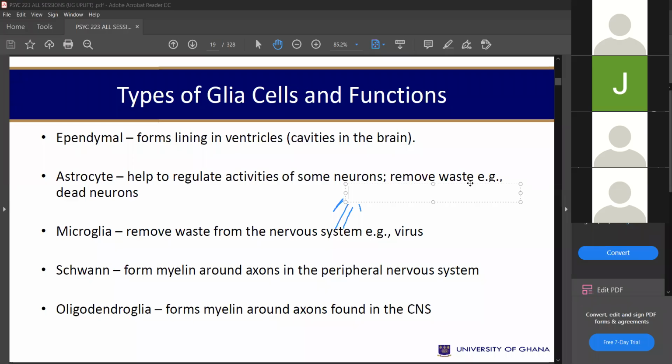But when you see the same structure within the central nervous system, within the brain or the spinal cord, we call it oligodendroglia or oligodendrocyte. So please, I hope you get it. Any questions so far when it comes to Schwann cell and oligodendroglia?